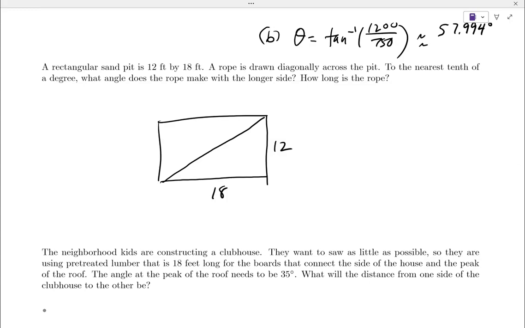But let's ask about the angle the rope makes with the longer side. So which angle am I looking for the way I have drawn my picture here? Yeah, this one over here, right? Angle makes with the longer side.